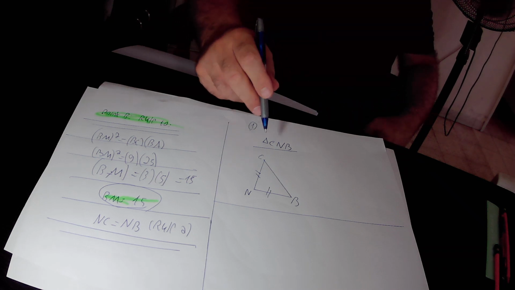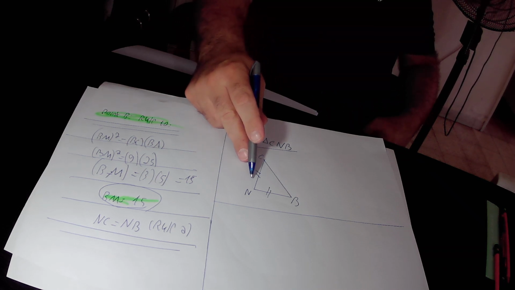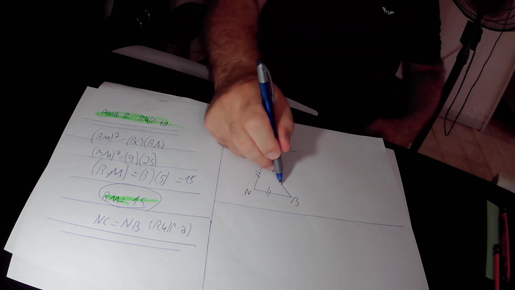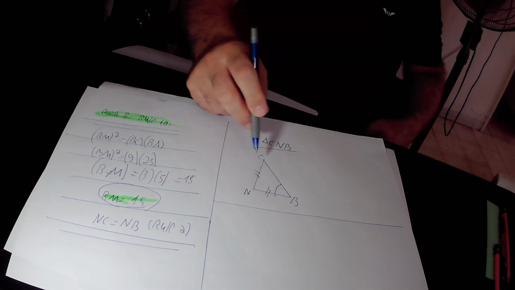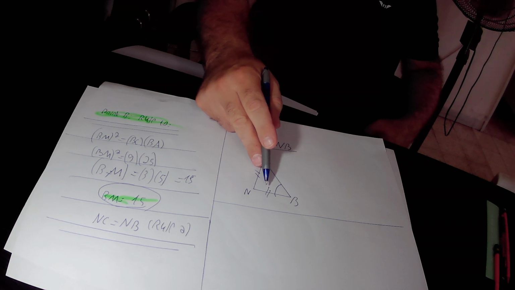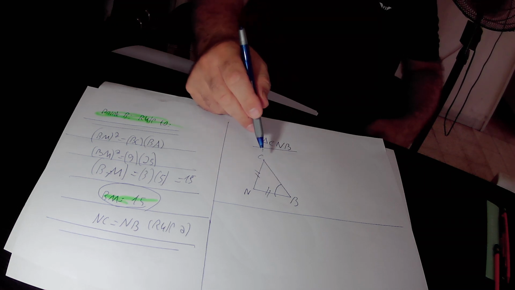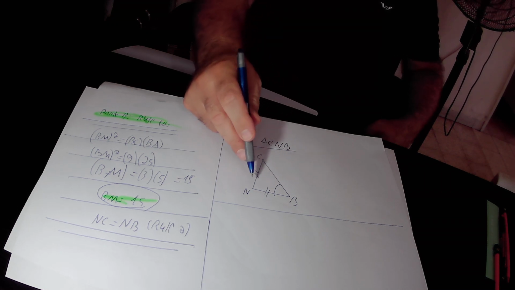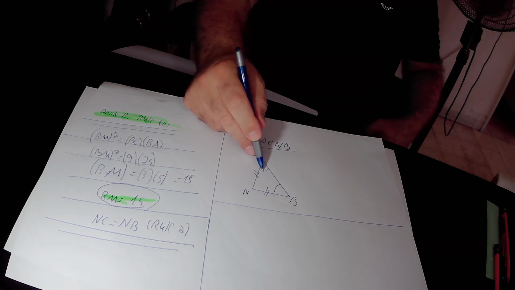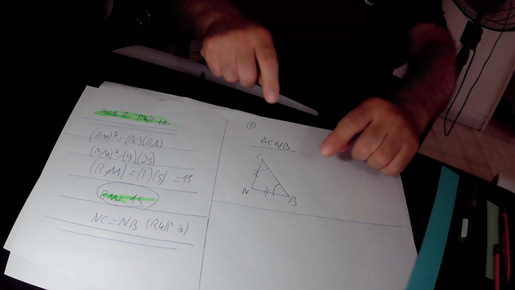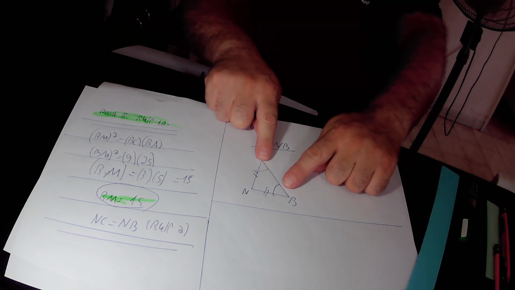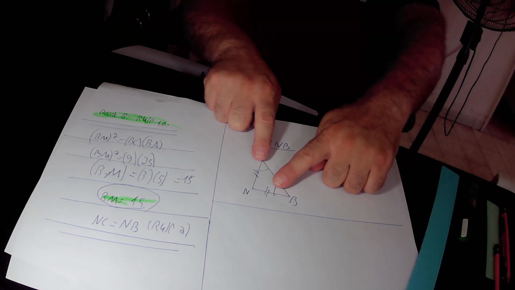So in front of this side CN, we have angle CBN, and in front of this side NB, we have this angle, that is angle NCB. Because those two angles are located in front of those two equal sides, they must be equal to each other.